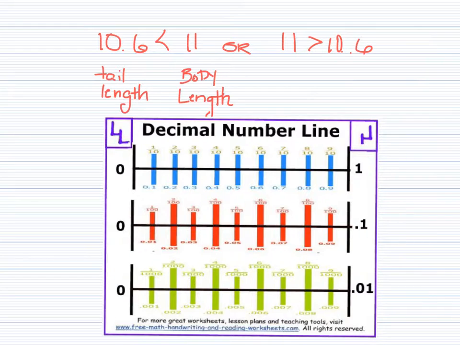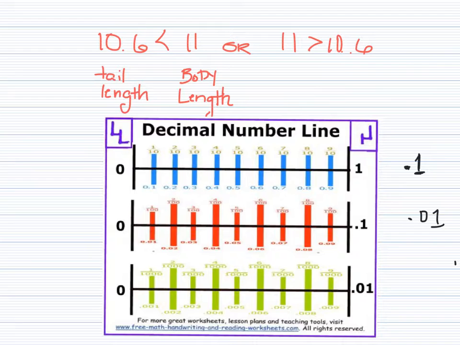Now if you add another 0 here, so on this row we were doing where you have the decimal and just 1. But in the second row, we are now adding a 0.